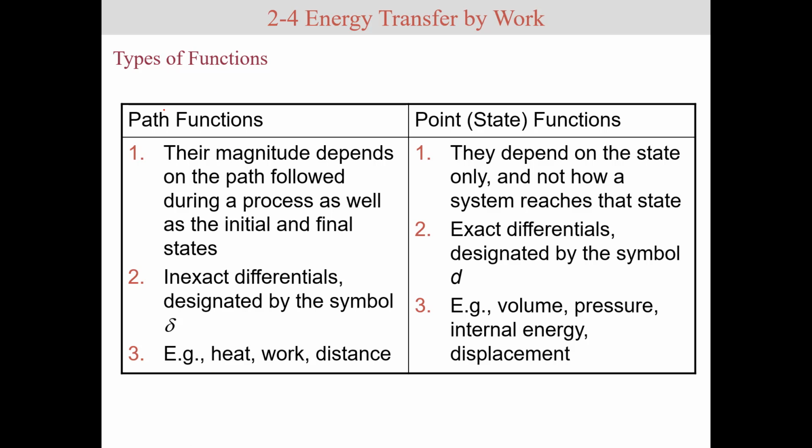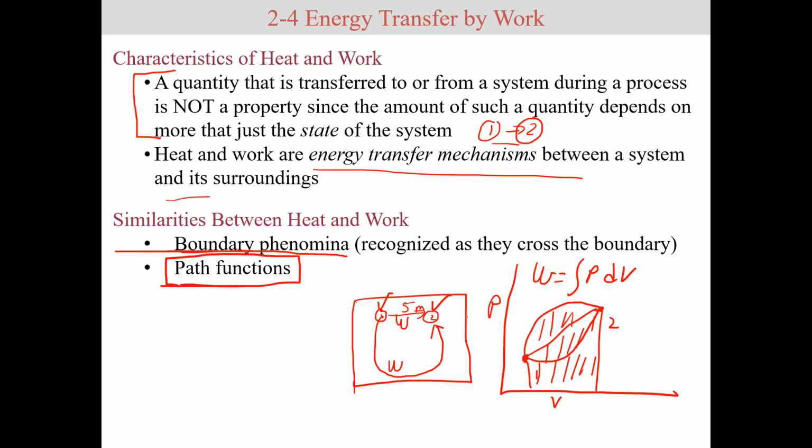So this is actually from your books, and I thought this is a really good comparison. It looks at the differences between path functions and state functions. State functions depend on the state only and not how the system reaches the state, right? So for example, volume change. If I go back to this example here, this state here, I have volume 1.